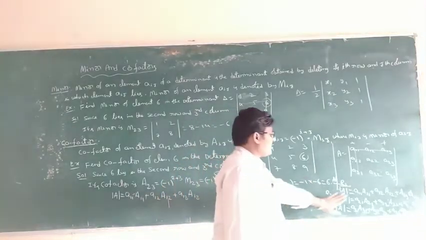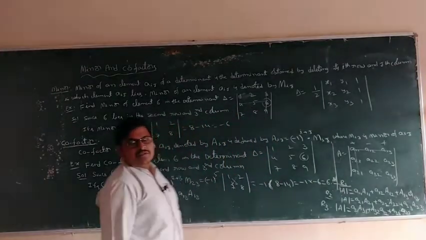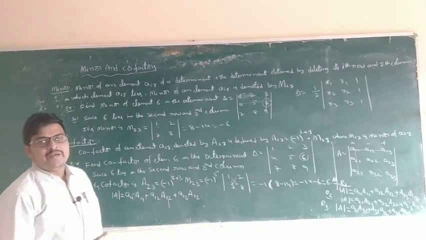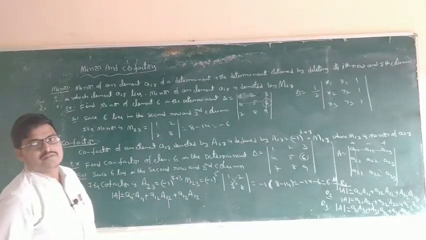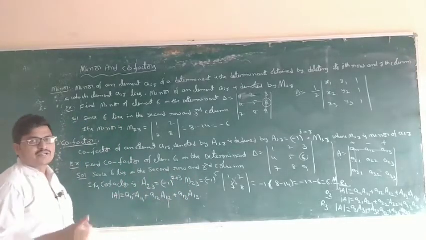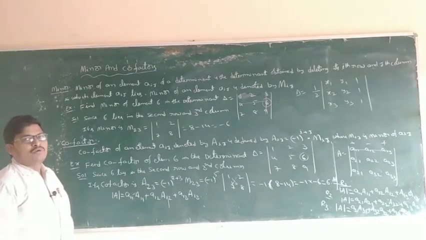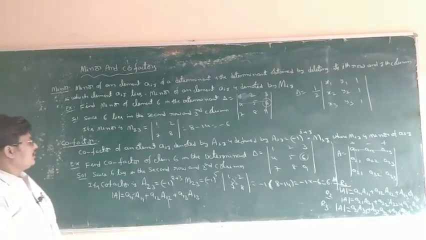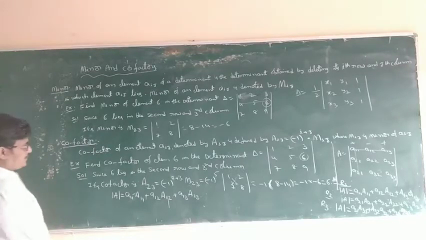So determinant of A is equal to the sum of each element into that element's cofactor. Any one row or one column, not the total. You take any one row or one column. This is the determinant, cofactor, minor.